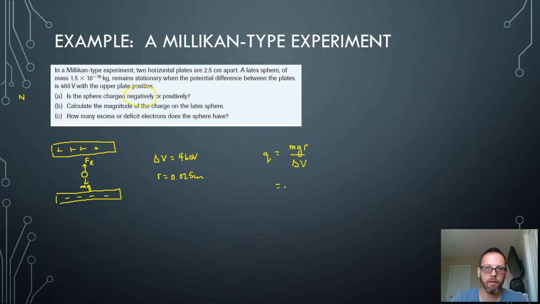If we know all these things, we can find the charge. So we had 1.5 times 10 to the minus 15, 9.8, 0.025, potential difference, 460 volts.